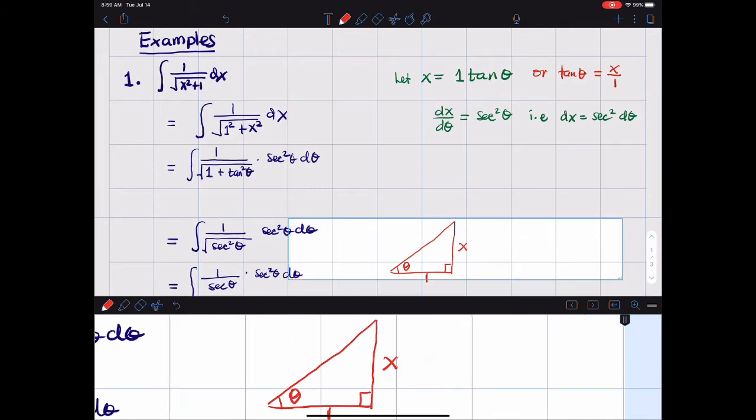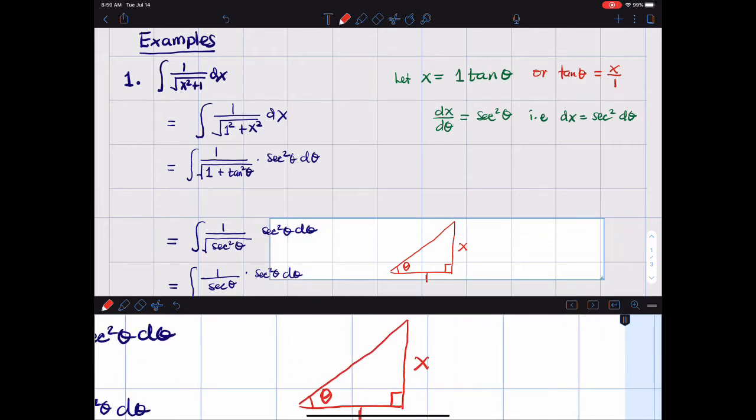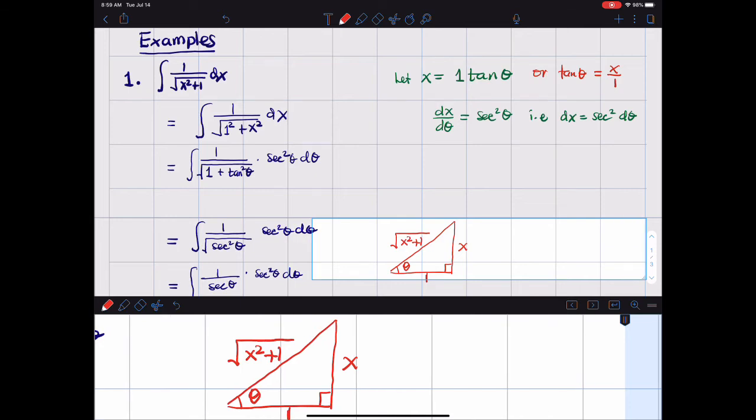If you use Pythagoras theorem, you can find this side. This is the hypotenuse, so the hypotenuse is the square root of the opposite squared plus the adjacent squared. So it's the square root of x squared plus 1. With this, you can find any trig ratio you want for this triangle.